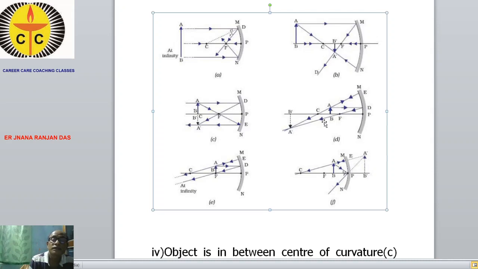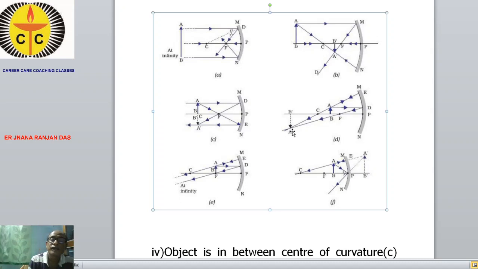Next, we consider the position of the object between the focus and the center of curvature. In this case, we consider an incident ray falling at this point and passing through the center of curvature like this. Again, another ray parallel to the principal axis falls at this point D and passes through the focus. These two reflected rays intersect each other at A dash.